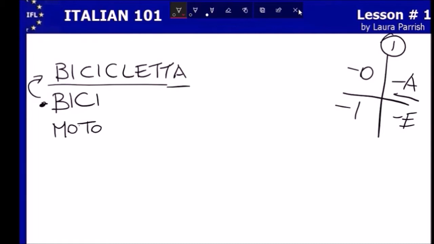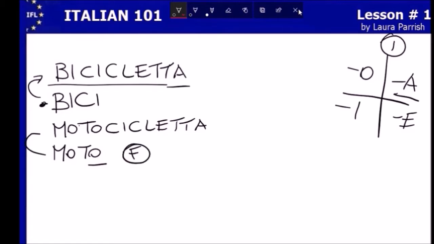Another abbreviation is motocicletta. Motocicletta is basically the abbreviation, the abbreviation is moto. Even if it ends in o, it is feminine. Why? Because it's the abbreviation of this word, motorcycle, that ends in a and so is feminine.